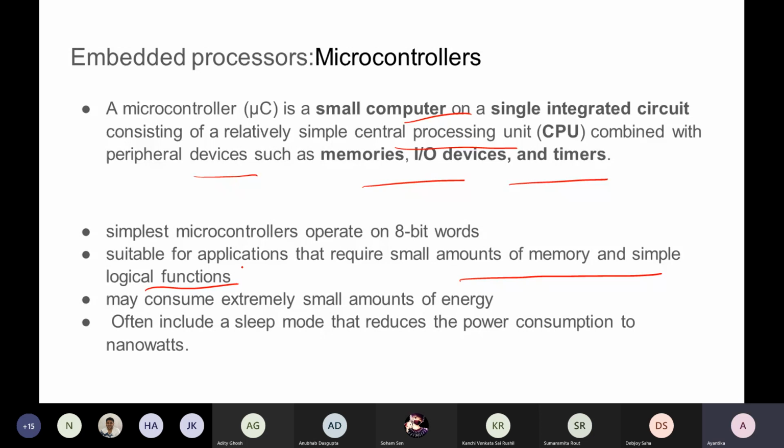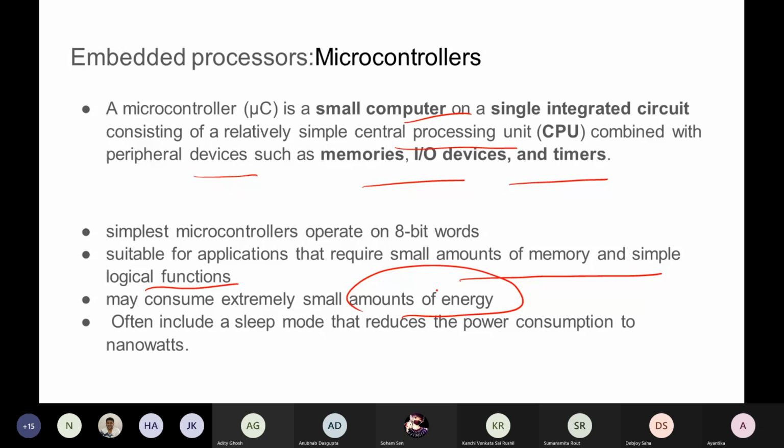They may consume an extremely small amount of energy, because that is our requirement when we are talking about an embedded application. This energy is a major requirement. And in our subsequent discussions, we will see that when we are talking about this CNN and we are mapping it to an embedded processor, how this energy is growing, and what steps we are taking to keep that within a particular threshold.